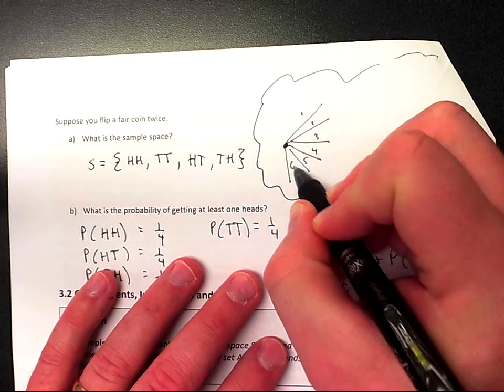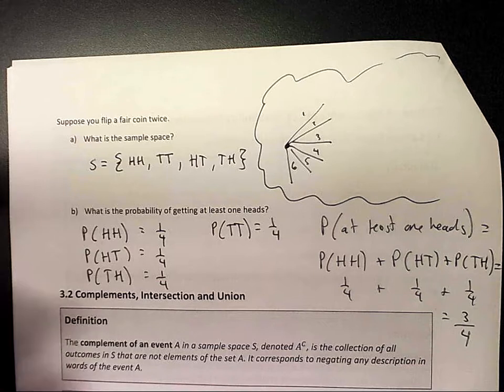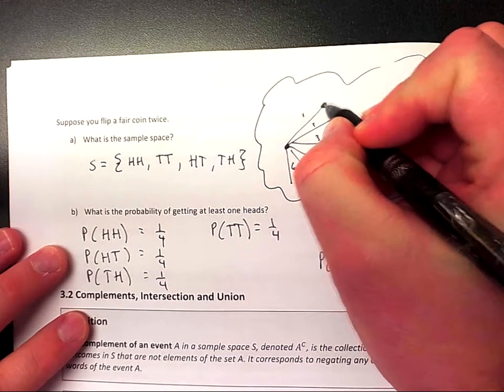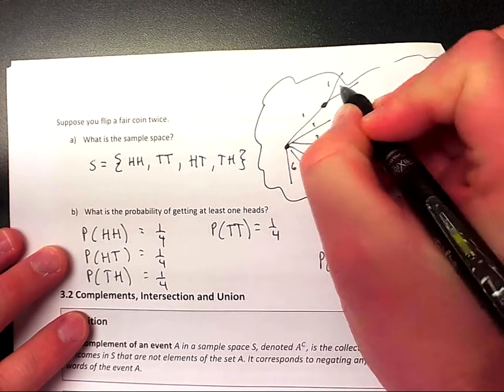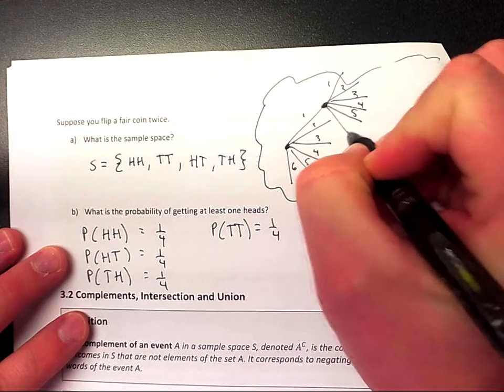That's after the first roll, right? But then after each one of these 6 rolls, you can also again get a 1, a 2, a 3, a 4, a 5, or a 6.